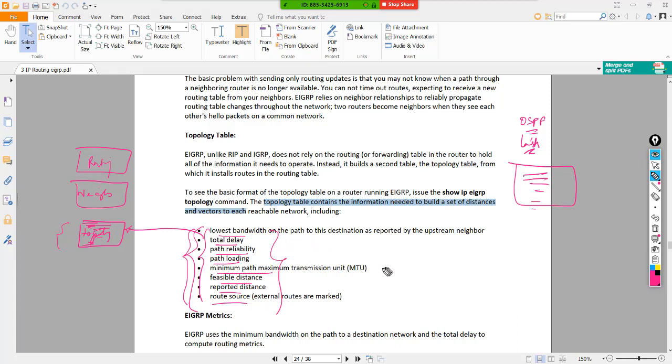Let me tell you where exactly these are getting checked. It's always on the exit interface. Let's say I am going from 1.1.1.1 towards 4.4.4.4. When I go in this direction, it's my exit link.